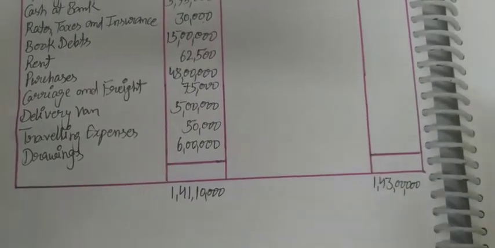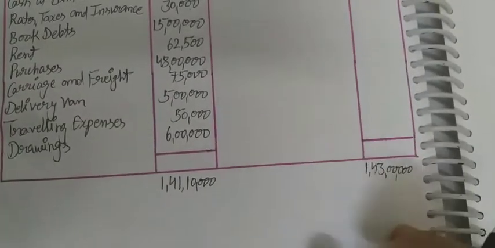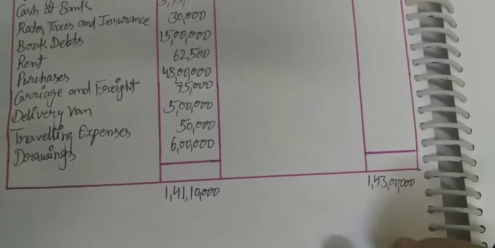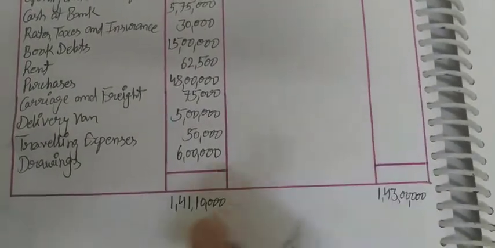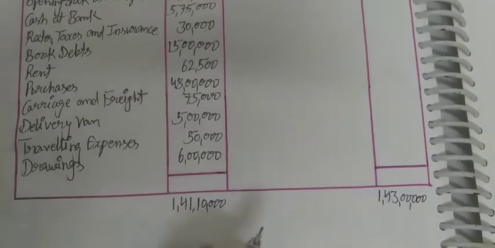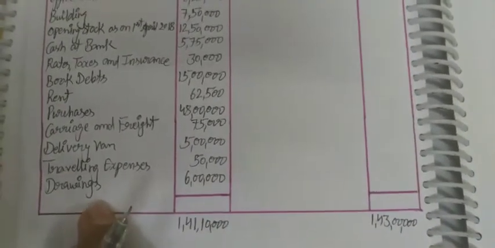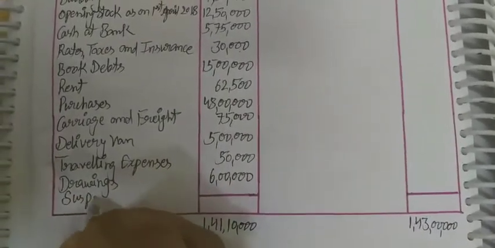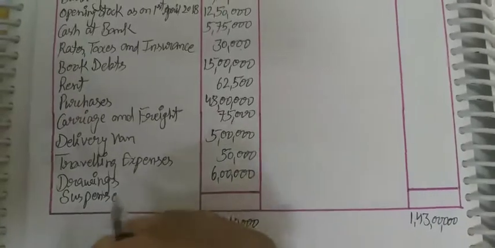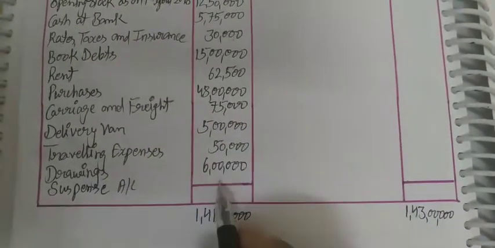Now what we have to do if there is a difference in the total of trial balance? If the credit side total is more than the debit side, then we have to open one account in the debit side, that is suspense account, for the balance amount.